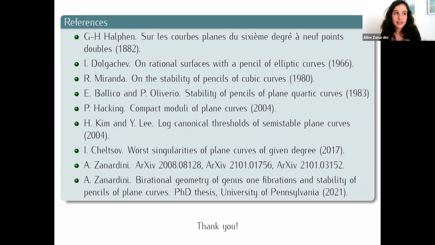So I will start answering the question by pointing out that the first result that I showed, by Hacking and Kim and also Shah, you have to adjust the coefficients that appear in the statement, but it also holds for pencils of hypersurfaces in projective space.